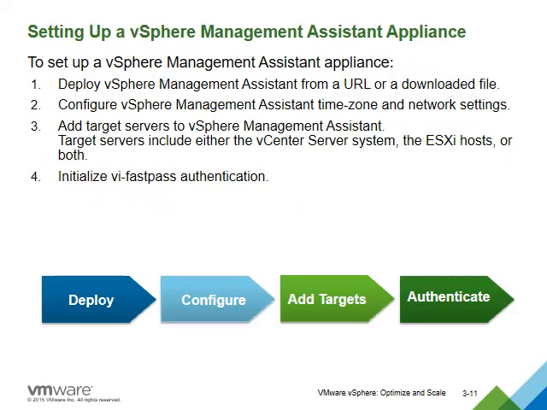When you set up your vSphere Management Assistant appliance, VMware gives you basically 4 options: deploy, configure, add your target, and authenticate it. Your target servers are added so the information can be gathered from those machines, and you configure the vFastPass authentication to simplify the use of the commands on your vSphere Management Assistant.